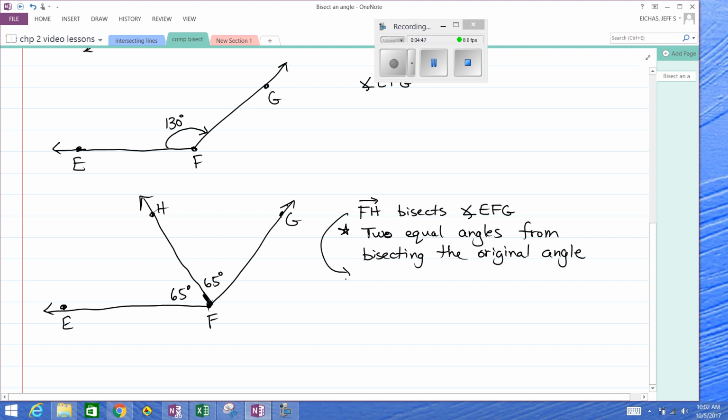So our conclusion here, what can you say about it? You can say now that angle EFH is congruent, this is the congruent or equal symbol, to angle HFG. So that's going to be our conclusion.